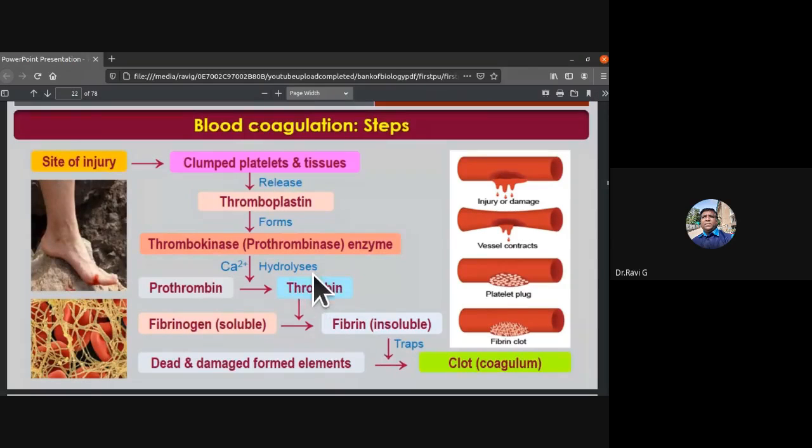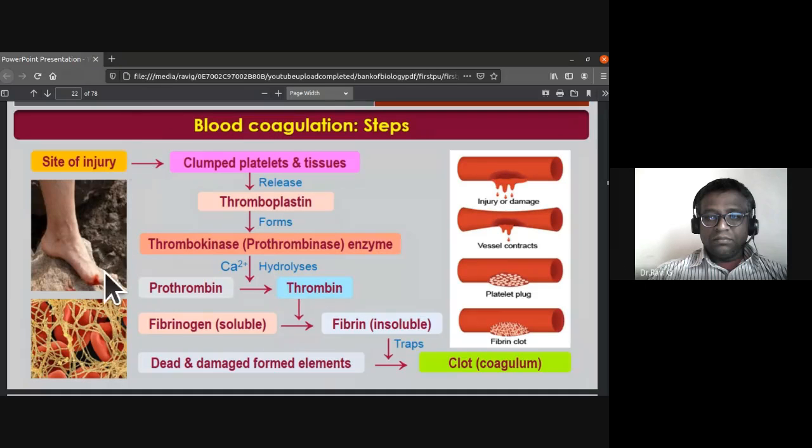Once thrombin is activated, it converts soluble fibrinogen into insoluble fibrin. Insoluble fibrin traps the dead and damaged formed cells to form a clot, or coagulum. This is how blood coagulation takes place at the site of injury.